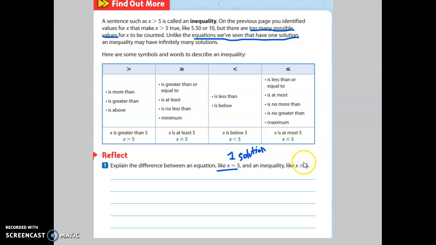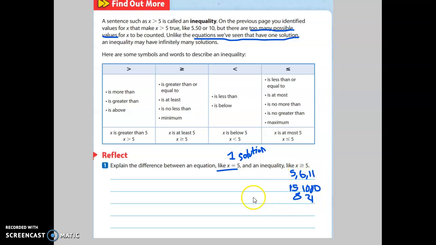X is greater than or equal to 5. Well, this would be 5. This could be 6. This could be 11. This could be 15. It could be 1,000. It could be 8. It could be 21.